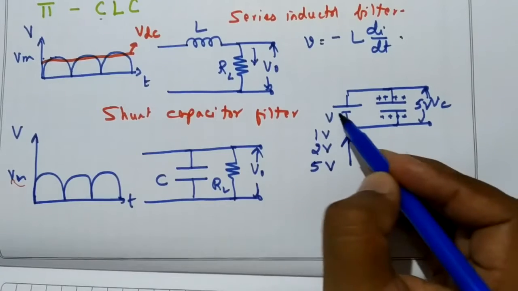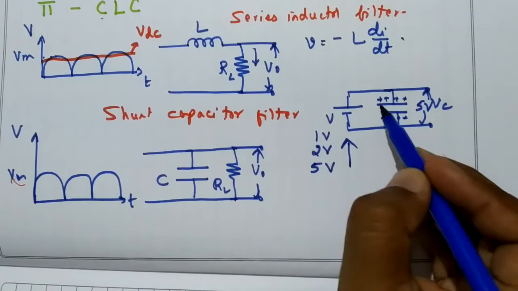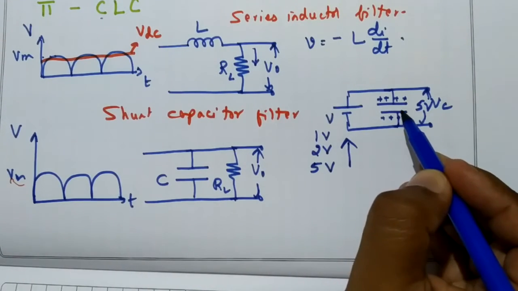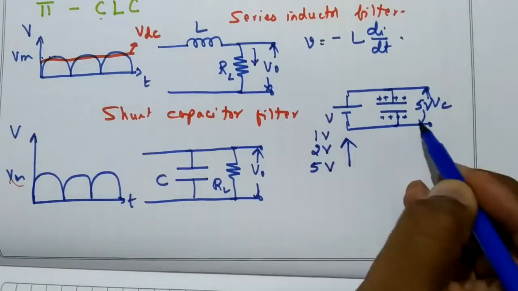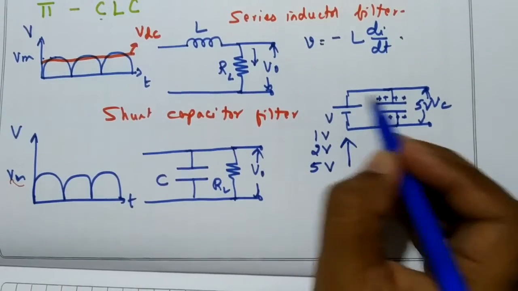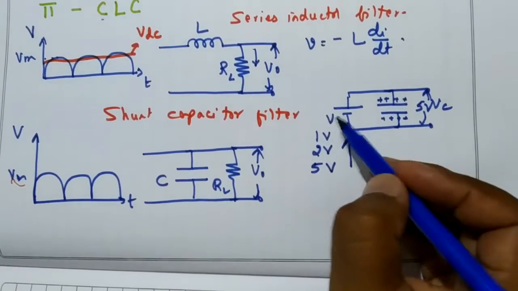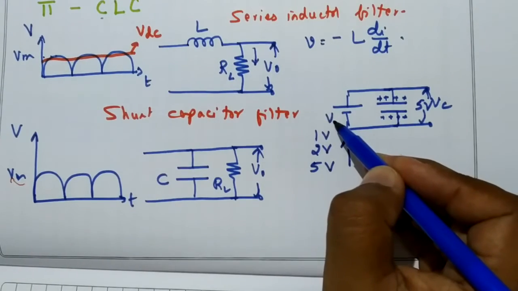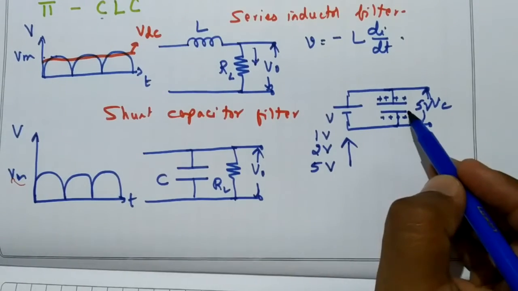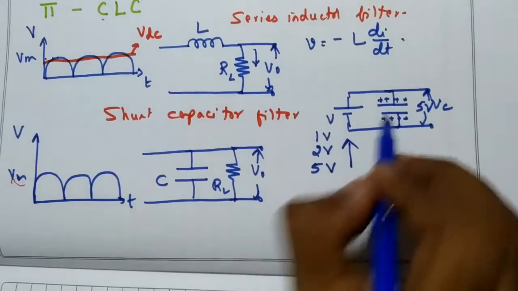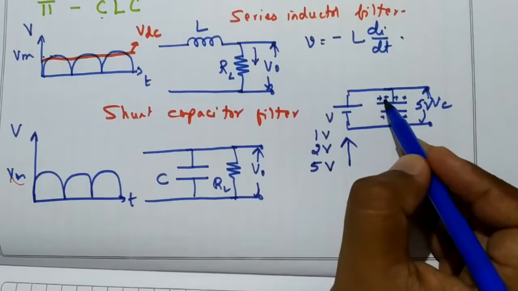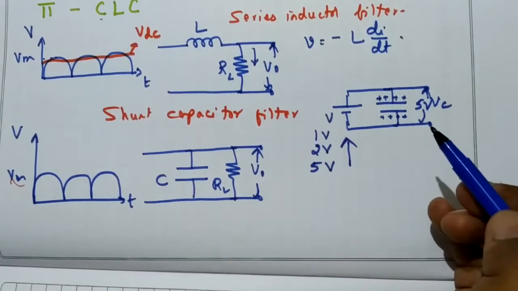When I apply, let us say 2 volt, the capacitor voltage should decrease because the capacitor will retain the charges as long as there is a supply of charges. Now here when the voltage is reduced to 2 volt, the capacitor cannot charge, it has to discharge, but the capacitor cannot discharge through the source.